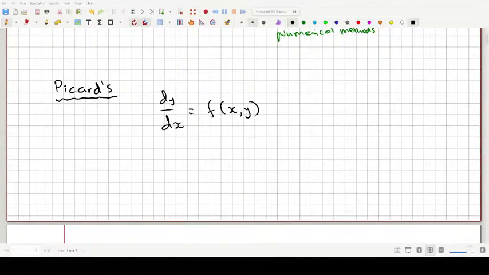There is no issue in allowing x and y to be there on the right hand side. This method is named after the French mathematician Picard, from the second half of the 19th century to the beginning of the 20th century. He has got huge experience with functions. So Picard's method goes as follows.